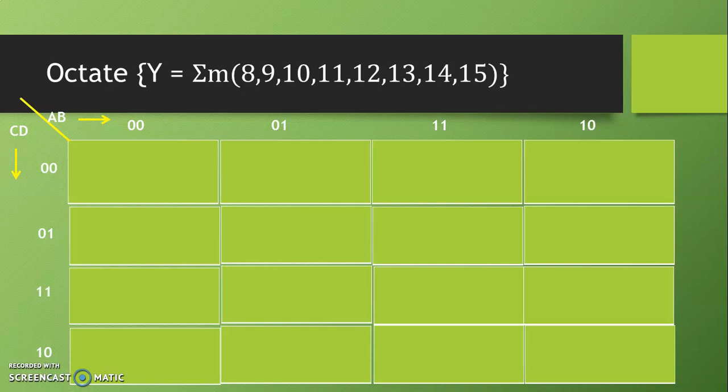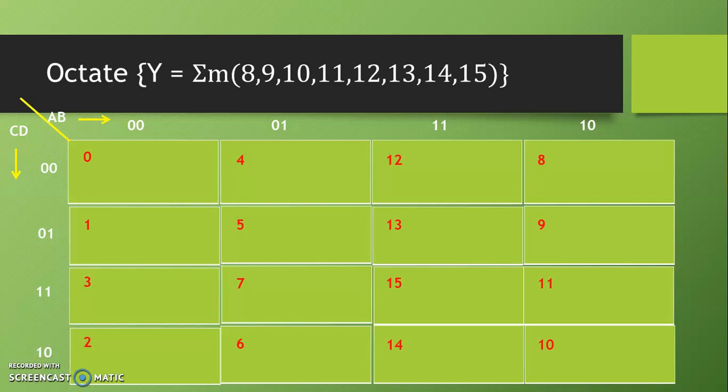Accordingly we identify the equivalent decimal number of each cell: 0, 1, 2, 3, 4, 5, 6, 7, 8, 9, 10, 11, 12, 13, 14, 15. This is very important. We must give decimal numbers in the correct pattern. If we give a wrong decimal number, then the whole K-map representation goes wrong and we get a wrong solution.